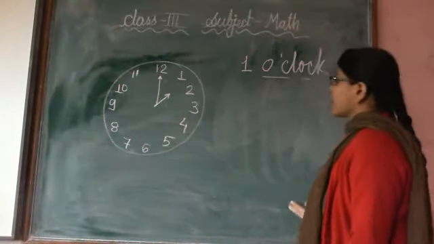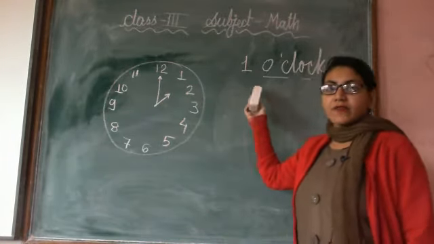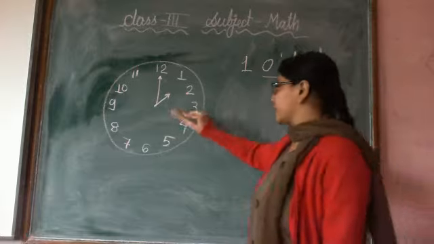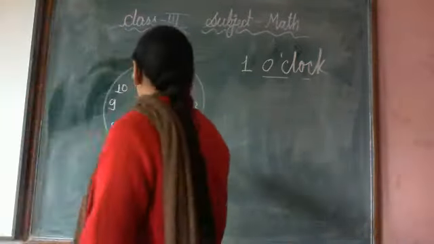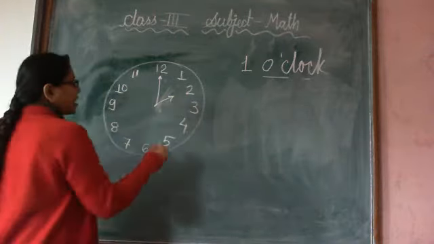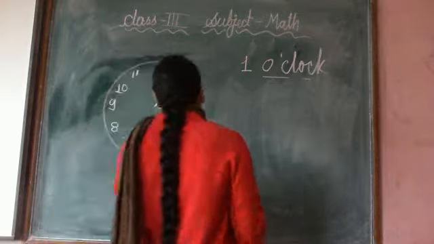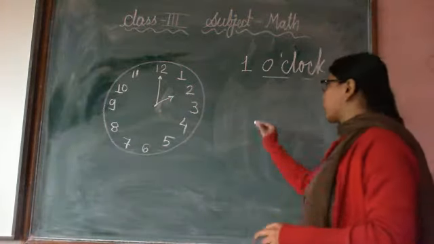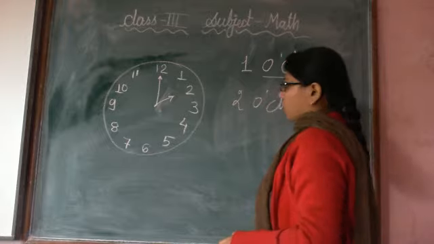Okay. So if the hour hand is at 1 and the minute hand is at 12, then the time will be 1 o'clock. Now the hour hand is at 2 and the minute hand is at 12. So what will the time be? The time will be 2 o'clock.